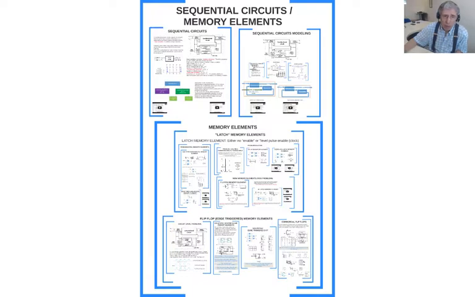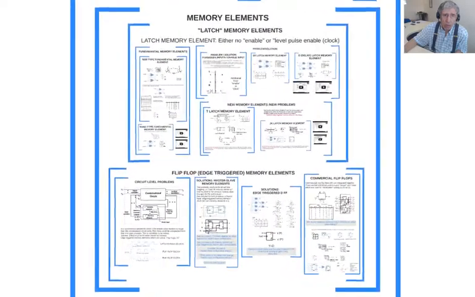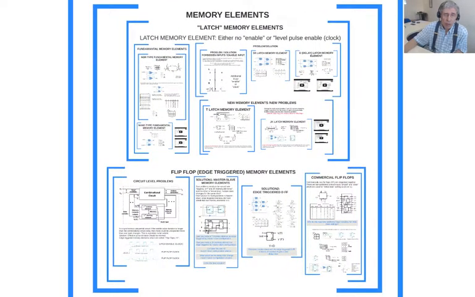We have seen the basic, or fundamental, memory elements, from which we can find all the other four types of memory elements: SR, JK, T, and D type memory elements.